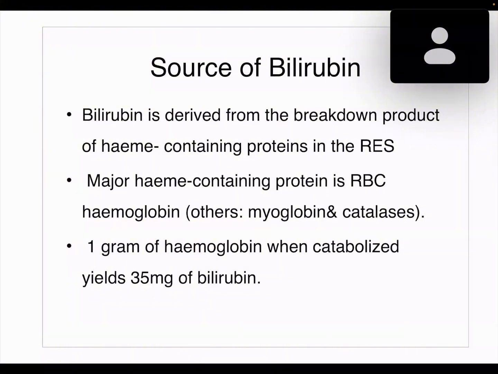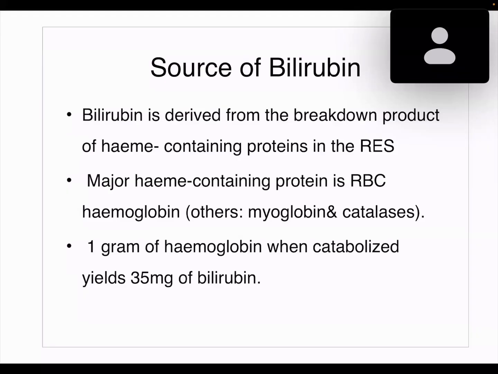a major source of this heme-containing protein is the red blood cell, which is in the blood. The blood usually comprises different cells: red blood cells, white blood cells, platelets, and so many other components that make it function. However, the key component in the blood which gives rise to this bilirubin is the red blood cell.